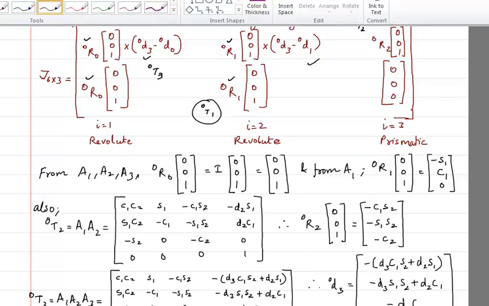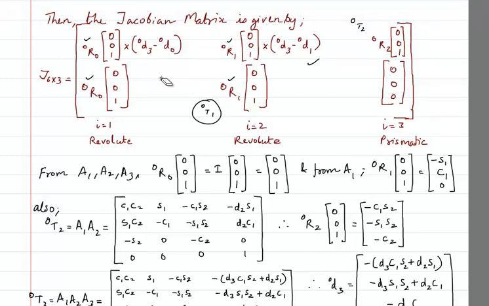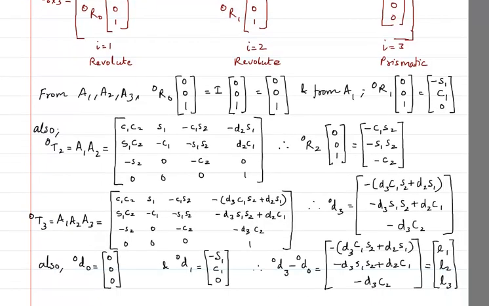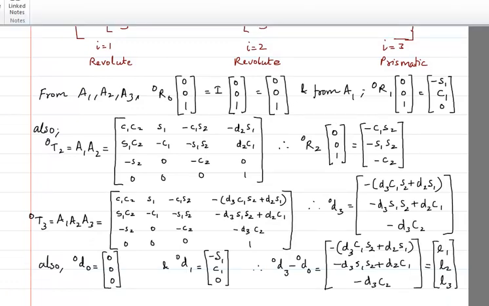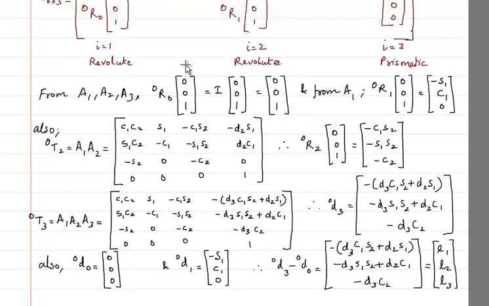So based on this, if we try to find the different values as I have just defined, we have the following. 0r0 multiplied with 0, 0, 1: 0r0 we know is going to be the identity matrix, which multiplied with 0, 0, 1 gives 0, 0, 1 itself.